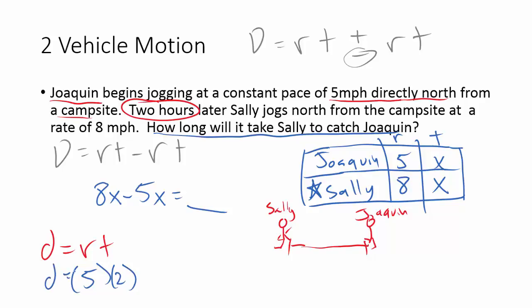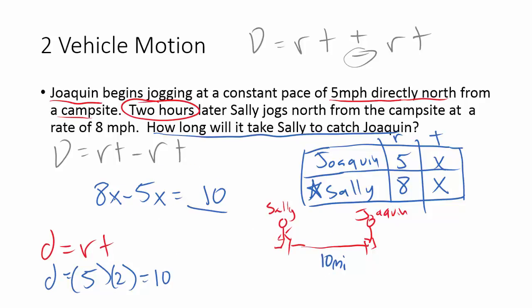This can tell us how much of a head start Joaquin has. So if we multiply here, that would be 10. So that would be our distance. If I travel 5 miles an hour for 2 hours, I've gone 10 miles. So this distance here between them is 10 miles.